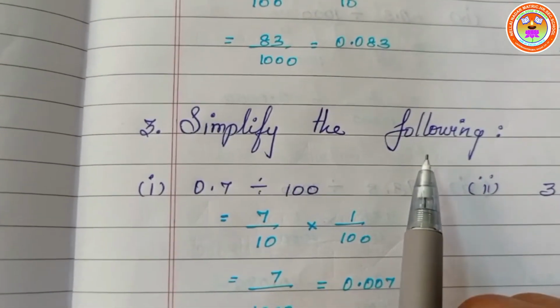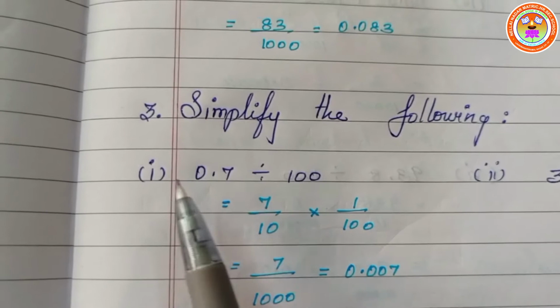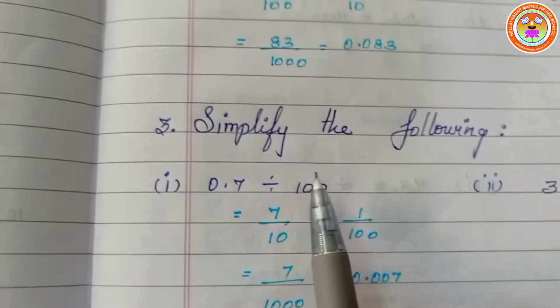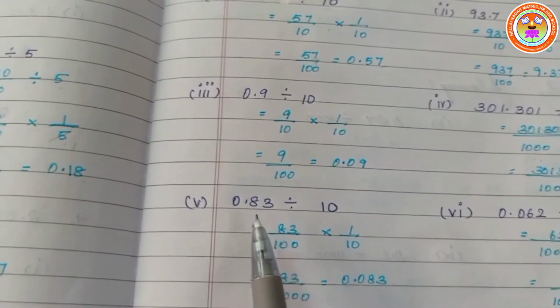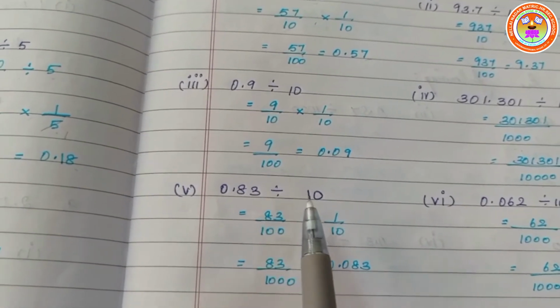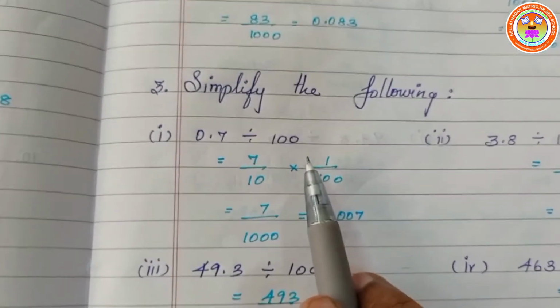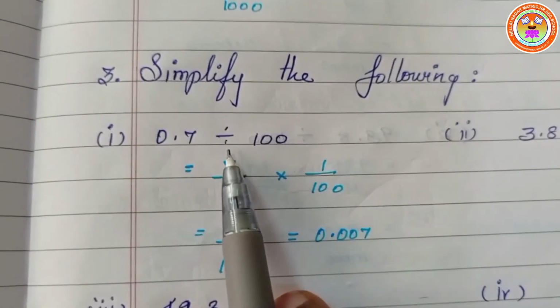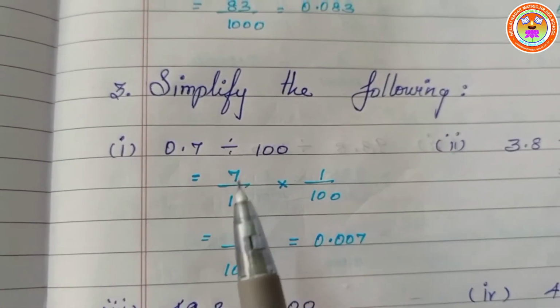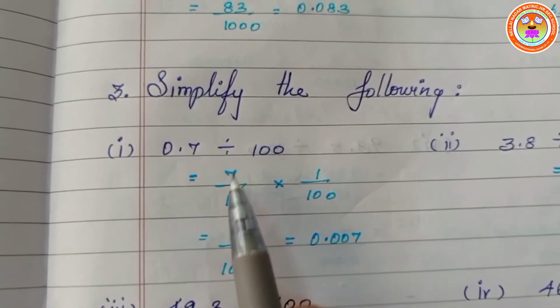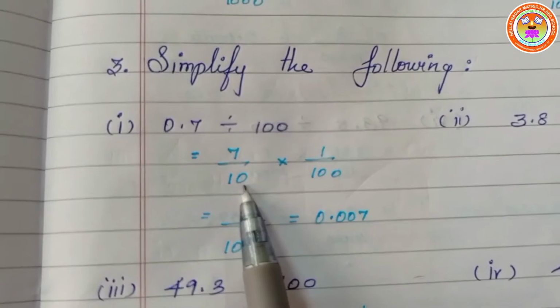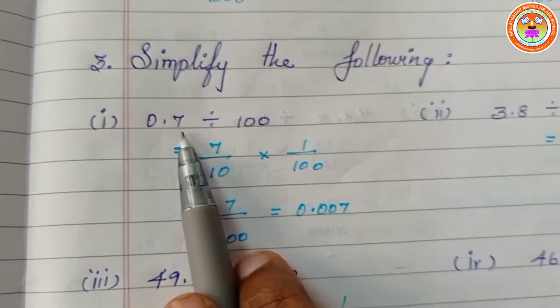Simplify the following. Under that, the first sum 0.7 divided by 100. So in the previous sum, we had a decimal number and we divided by using 10. Here we are going to use 100. Okay. So 0.7 divided by 100. The same procedure. First is to convert the decimal into fraction. So 0.7 is written as 7 by 10 because of one place decimal value.